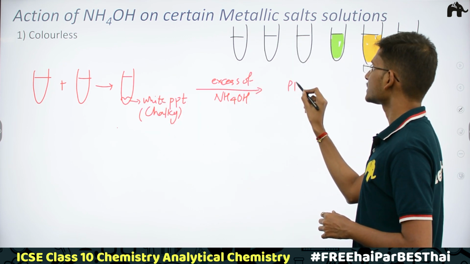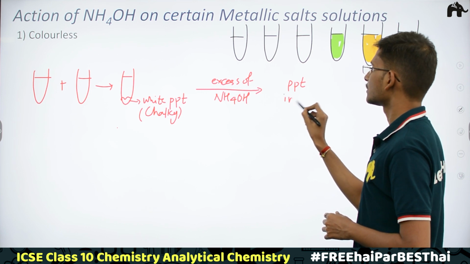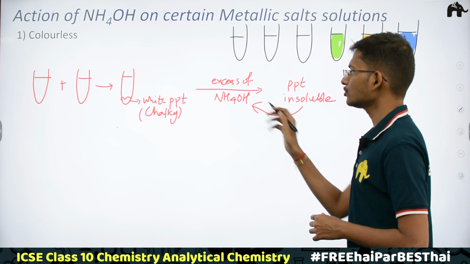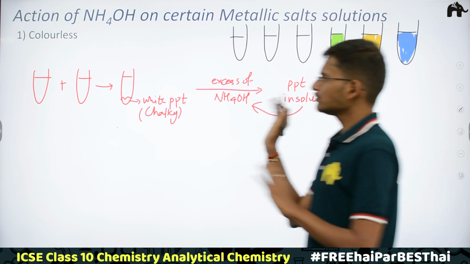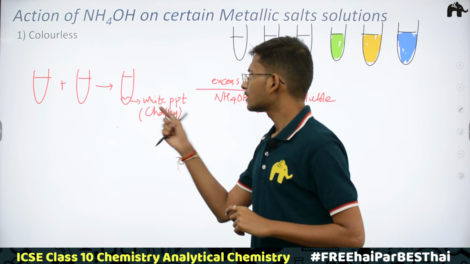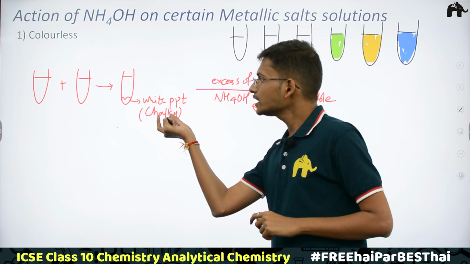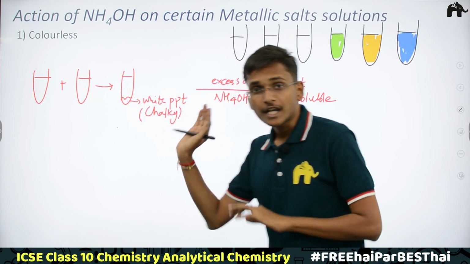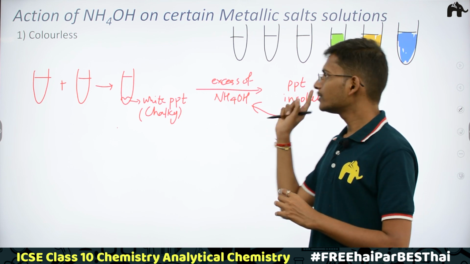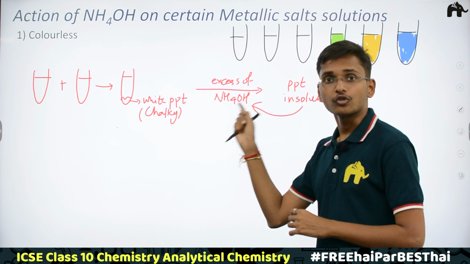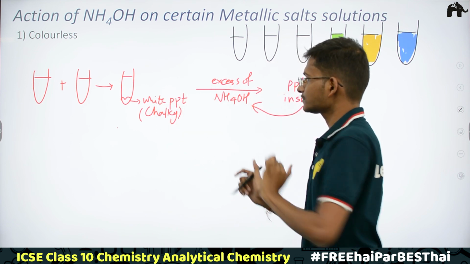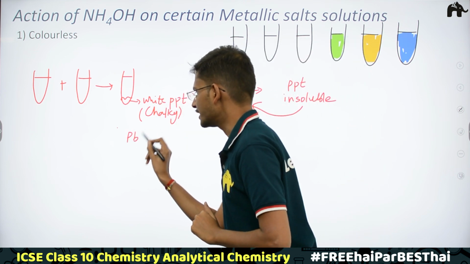So we can just write precipitate insoluble, right? In excess of NH4OH. Now let's try to write the reaction. So see, in such cases when we are getting a white precipitate, which is chalky in nature, by addition of NH4OH solution into colorless metallic salt solution, and this white precipitate is not soluble in excess of NH4OH, then this chalky white precipitate is of lead hydroxide.